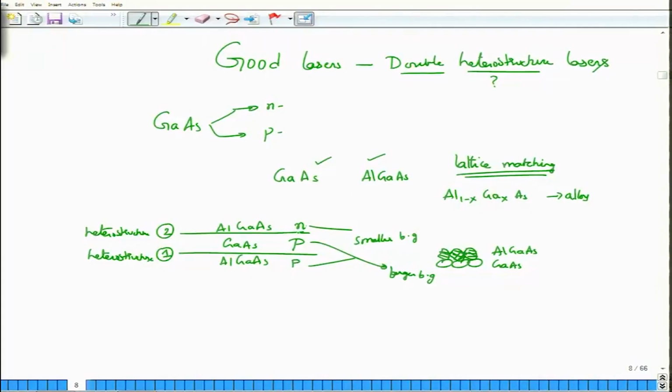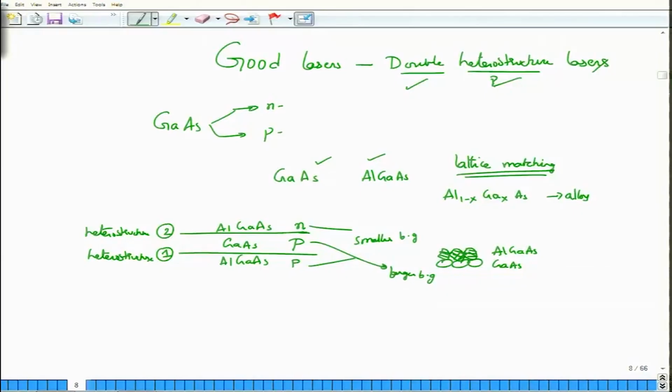Because these have different band gaps, although they are lattice matched, they are dissimilar materials and therefore their properties are slightly different. The capital P small p and capital P small n are two different heterostructure layers, and together what you have is a double heterostructure laser. There are two layers and both of these layers are heterostructures.